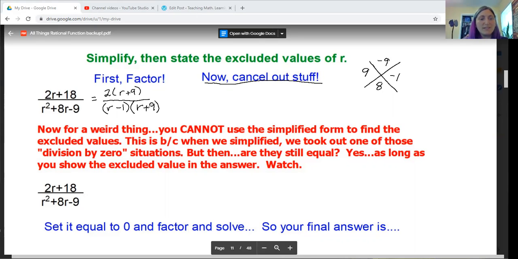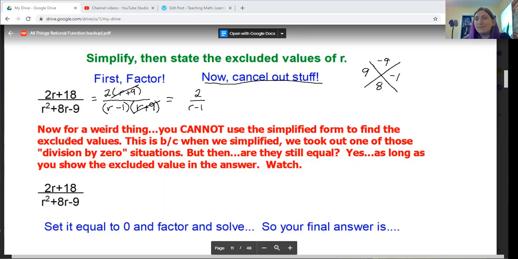We have an r plus 9 in our numerator and our denominator. Okay, we can't just take out the r, we can't just take out the plus 9. It's in brackets, it's one unit, it's one binomial factor, it's one factor. I know it has bits in it, but it's one factor. So we're going to factor that out. Bye-bye. And we're left with 2 over r minus 1. And that's our simplified expression.